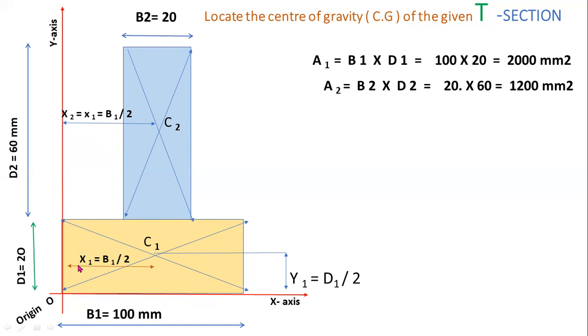That's why x1 equal to x2. Now y2 is the distance of centroid C2 from x-axis. So here y2 equal to depth of a bottom rectangle plus half of the depth of a vertical rectangle. y2 equal to d1 plus d2 by 2.